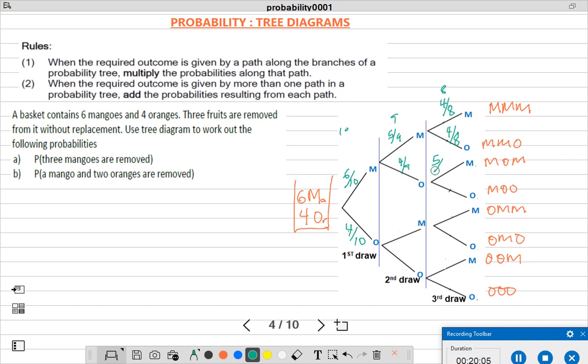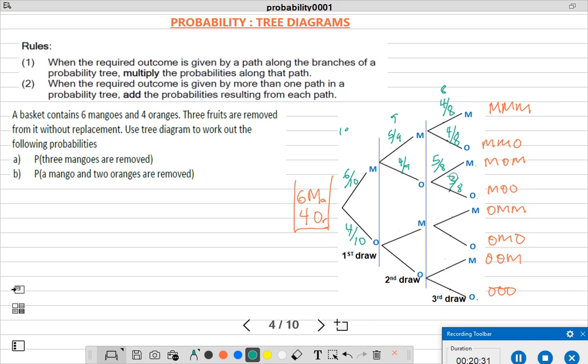These are 5 out of 8. Definitely here will be 3 out of 8. How have I known? 6 out of 10, this is 4 out of 10. When you add 6 plus 4, you must get 10. So even here, 5 and 4 gives you 9. Here, 4 and 4 gives you 8. So this could be 3.